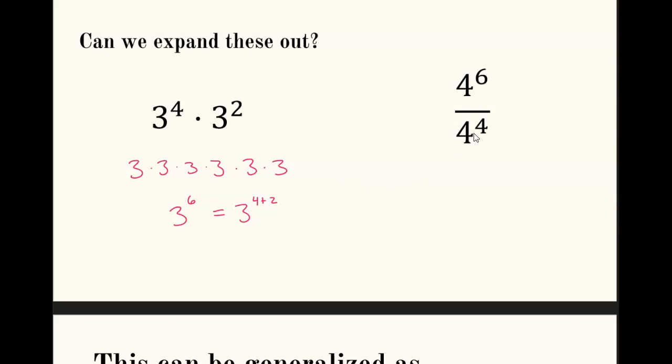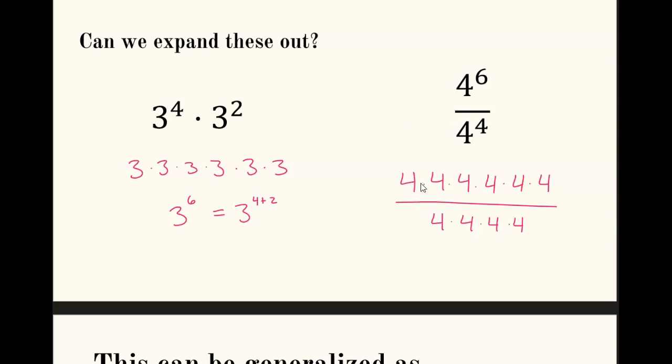Similarly, let's look over here at dividing. So we have 4 to the 6th. That's 4 6 times on the top of a fraction, and then 4 times on the bottom. Now we know with fractions that we can cancel the same number, right?